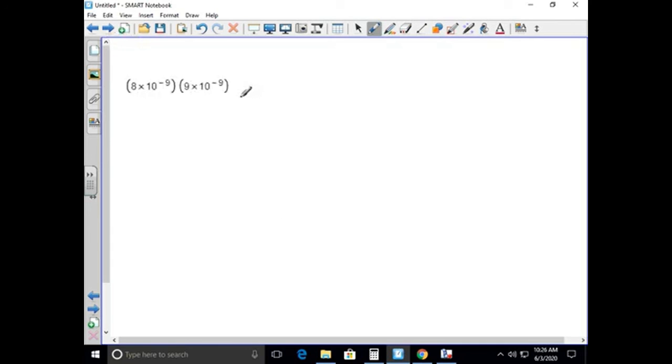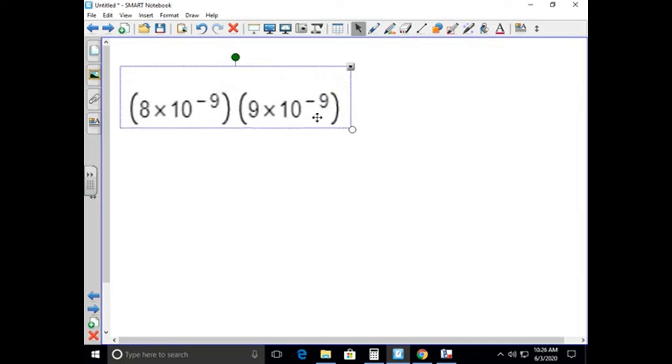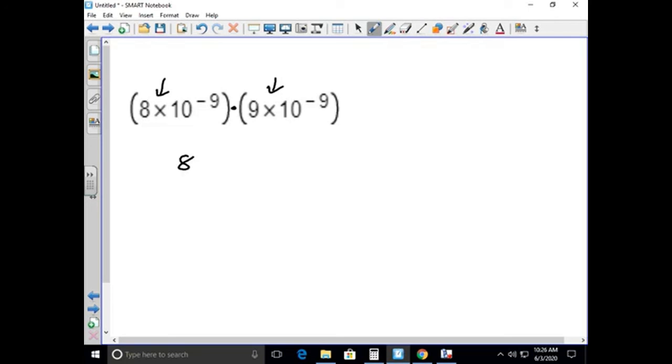Now we have one last problem that we're going to work, and this deals with multiplying numbers in scientific notation together. Notice all of this is multiplied. We have a product here, this is a product, this is a product, and if everything is a product, we can rearrange it. So let's call this 8 times 9 times 10 to the negative 9 times 10 to the negative 9.